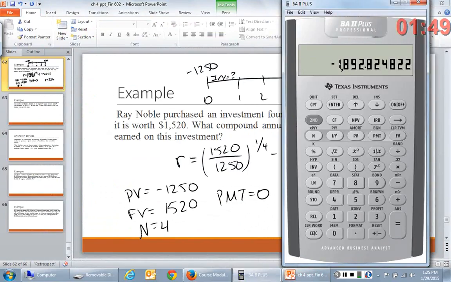First, clear your time value of money. The present value is a negative 1,250. The future value is 1,520. N is 4, and the payment is 0. So we compute the interest rate, and you get 5.01%.